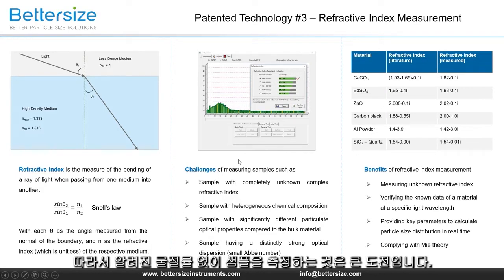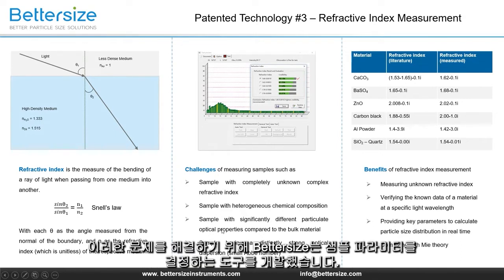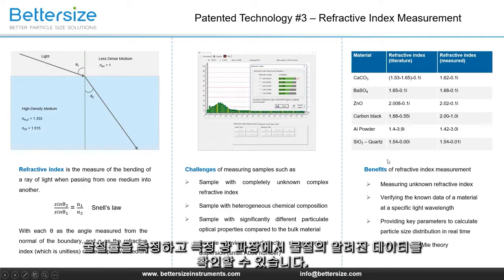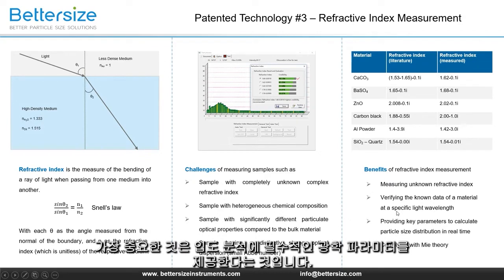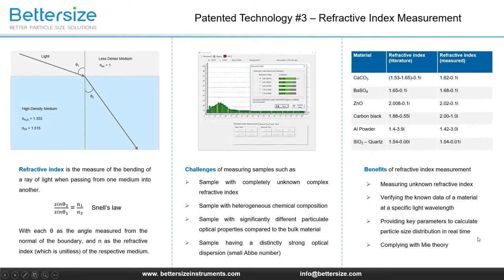So it is a huge challenge to measure samples without known refractive index. To solve these problems, a tool to determine these sample parameters was developed by Bettersizer. It can measure refractive index and verify the known data of a material at a specific light wavelength. Most importantly, it provides optical parameters which are essential in particle size analysis.